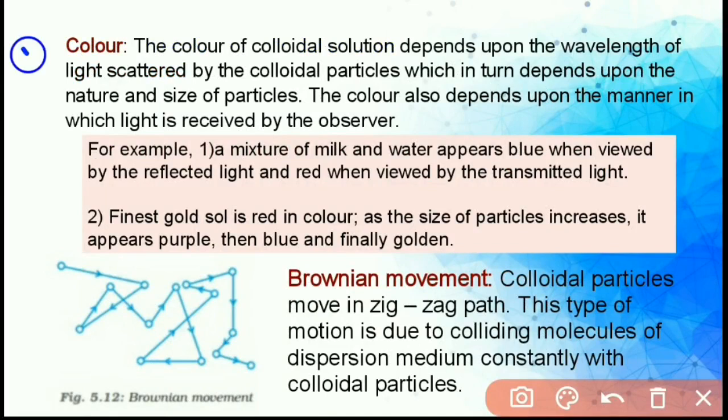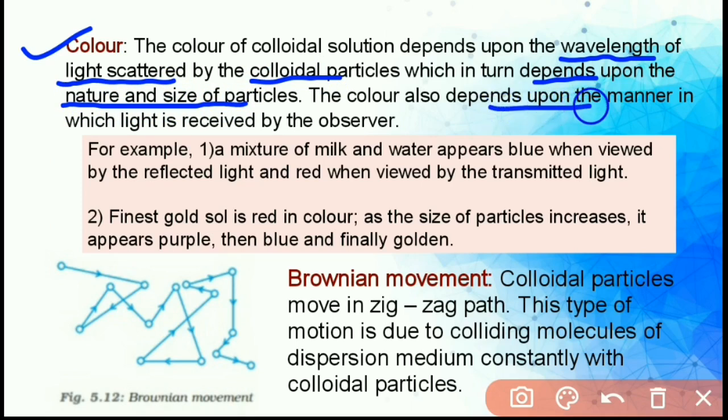Next property is color. The color of colloidal solution depends upon the wavelength of light scattered by colloidal particles, which in turn depends upon nature and size of particles. The color also depends upon the manner in which light is received by the observer.